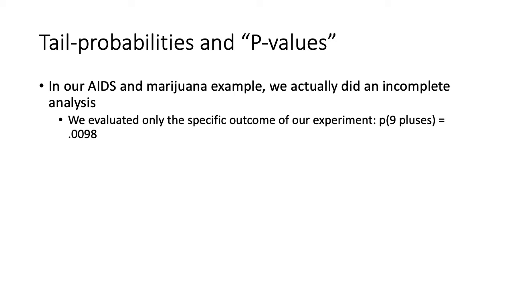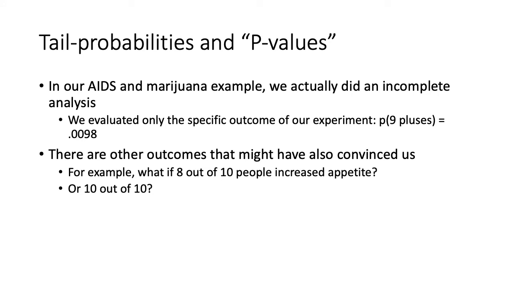We only looked at the probability of 9 out of 10 pluses on the dot. In fact, in null hypothesis significance testing, we have to actually evaluate some of the other outcomes that may have convinced us. So for example, what if 8 out of 10 people increased appetite, or 10 out of 10, right?